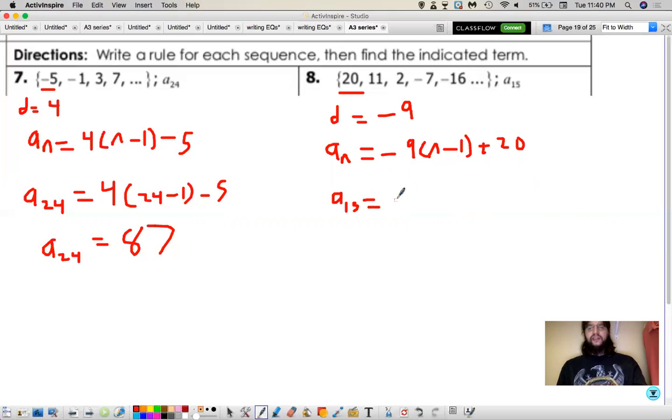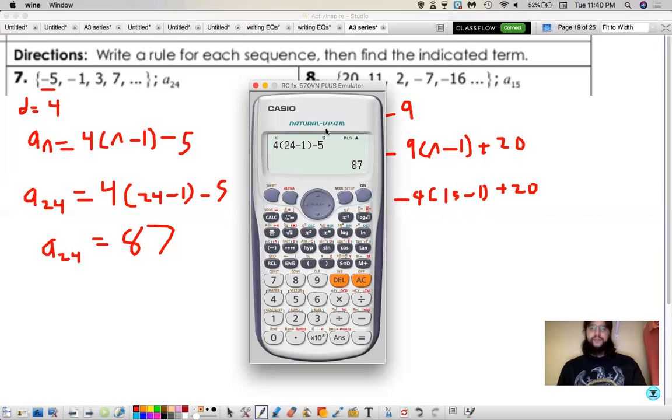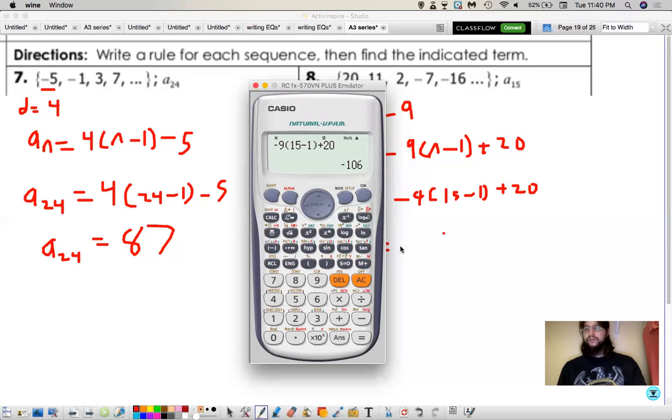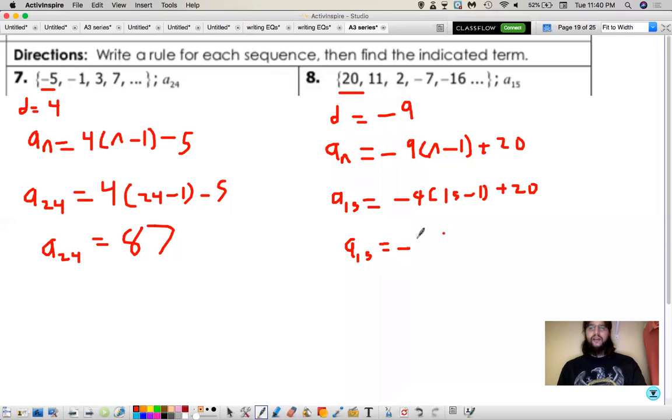And let's say 15. So plug it in. Yeah, use this. Negative 106. Or if you listed all the terms and you got to number 15, that 15th term would be negative 106.